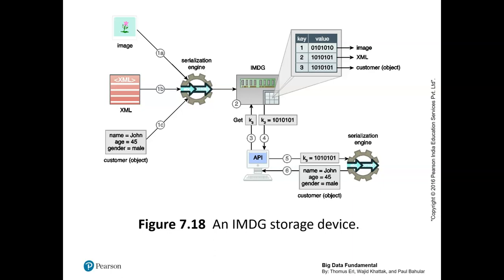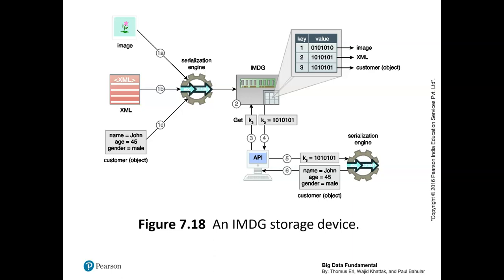You can see the processing over here, and IMDG storage devices are used, and in that one the data is stored. Whether it's image data, XML data or customer data, it is stored in the IMDG data grid and processed.